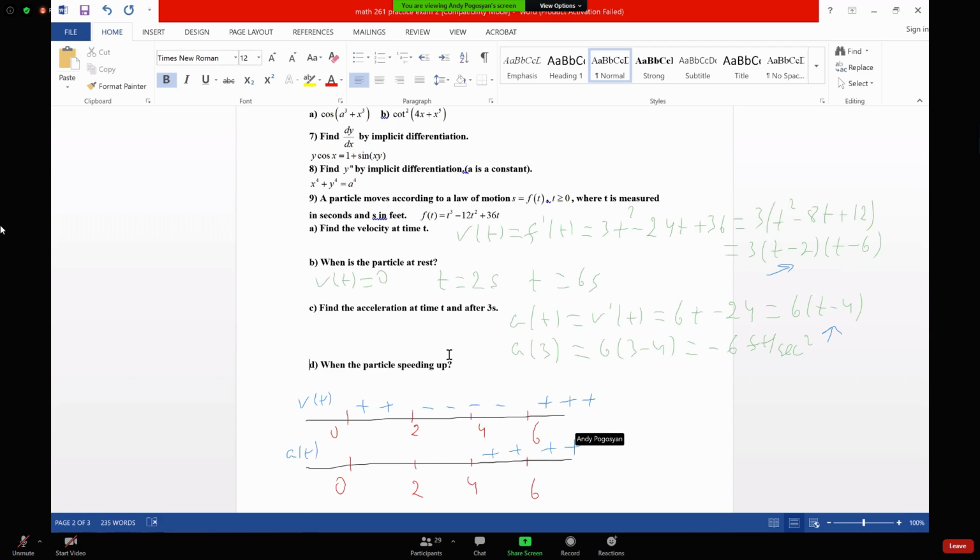Less than 4 is negative. Now speeding up. Speeding up means v and a must have the same sign. So from 0 to 2, they do not have the same sign. So they have the same sign when 2 is less than t less than 4, or t is greater than 6. So that's how you determine it's speeding up if it has the same sign for acceleration and for velocity. Otherwise, it's slowing down, basically braking.